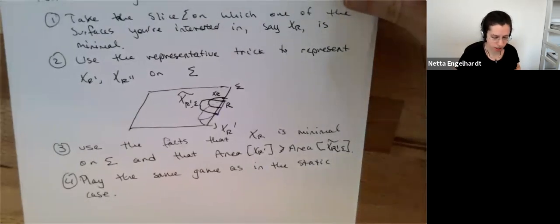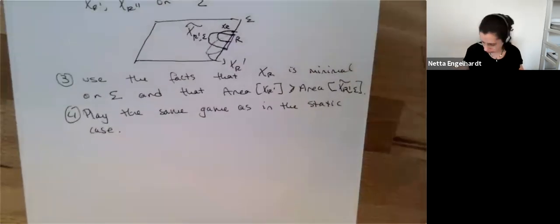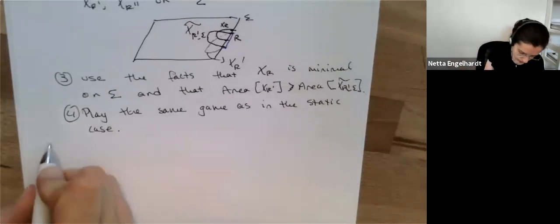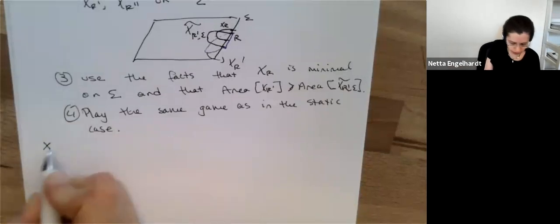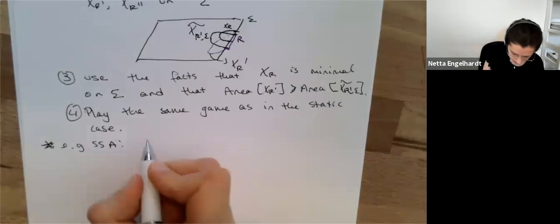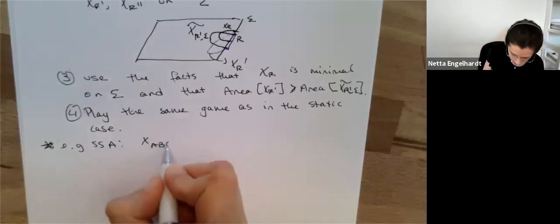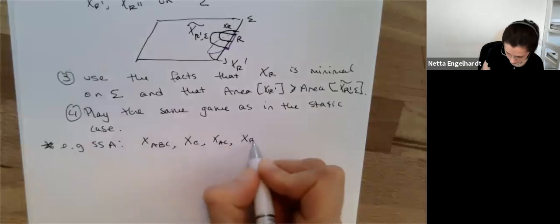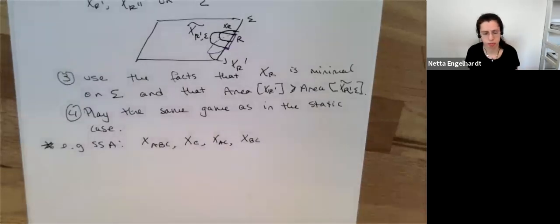I'm going to move this a little bit up without hopefully moving it totally out of your field of view. Okay, so for strong separativity, we have the following extremal surfaces that we're interested in: XABC, XC, XAC, XBC. These are the ones we're interested in.